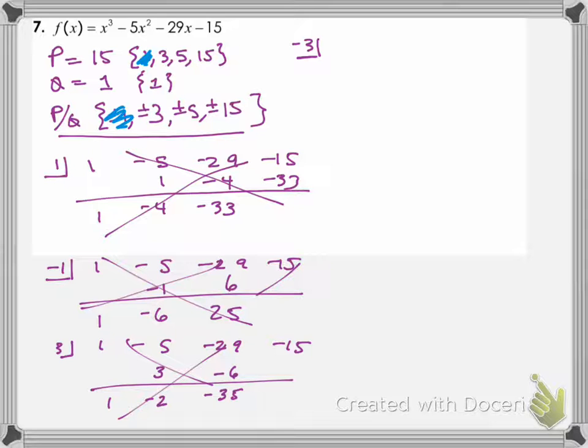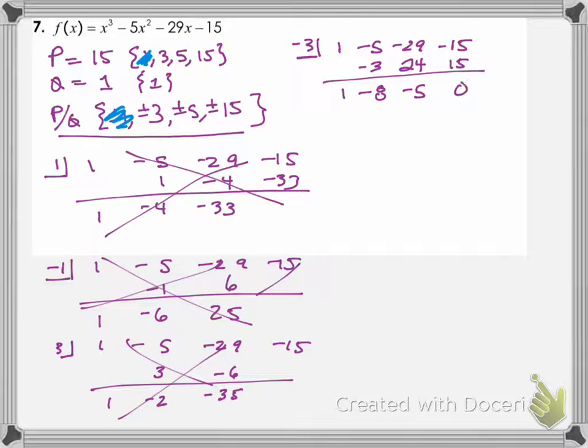Okay. 1, negative 5, negative 29, negative 15. So that's 1, negative 3, negative 8, positive 24. And that would give me negative 5, and there's a positive 15.